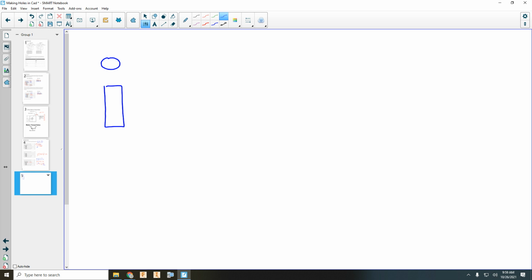There's my dowel pin. That's all we need. Right? Multi-view sketch.